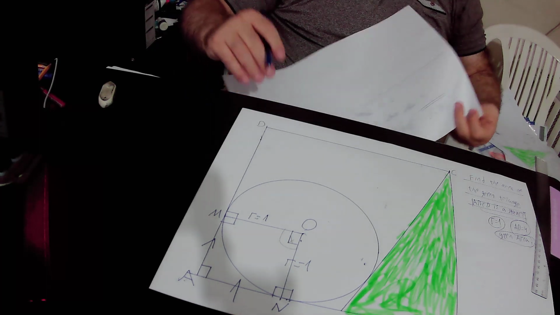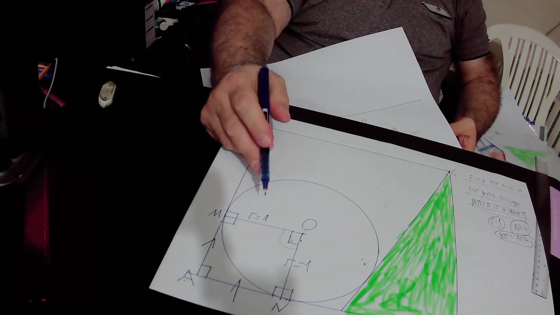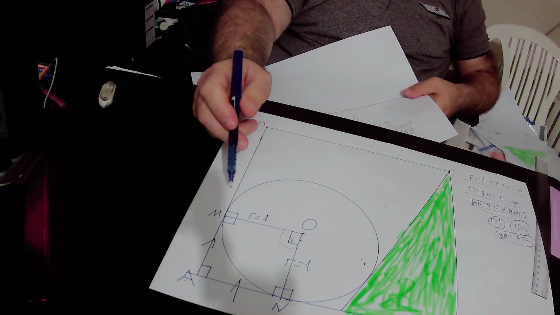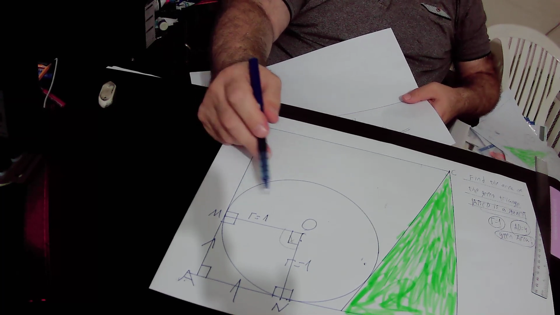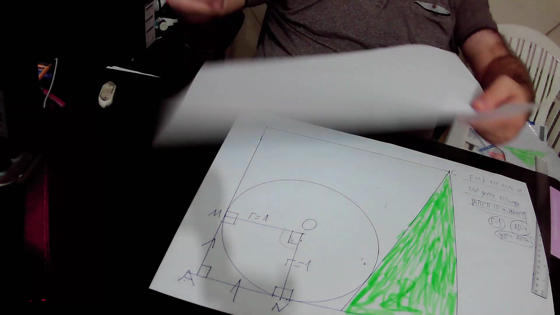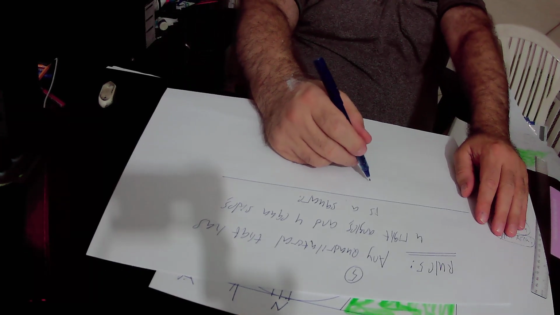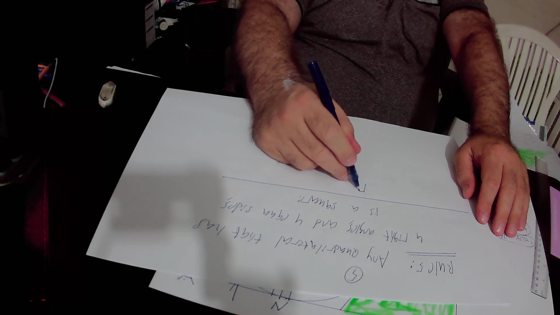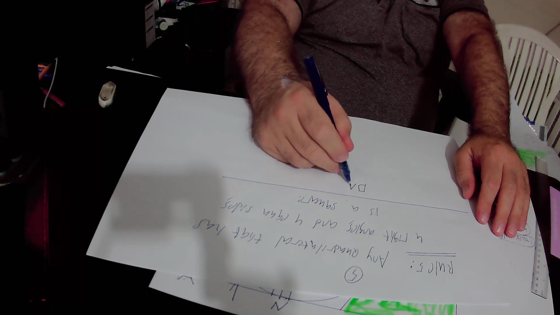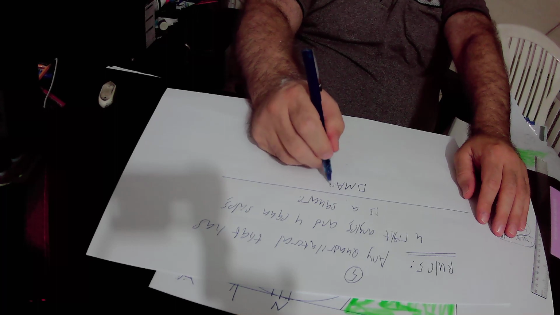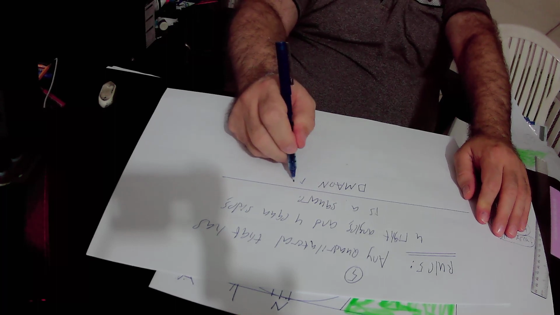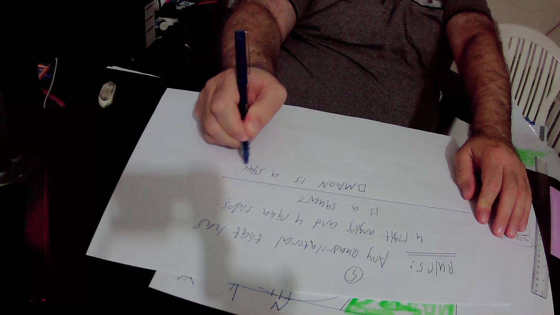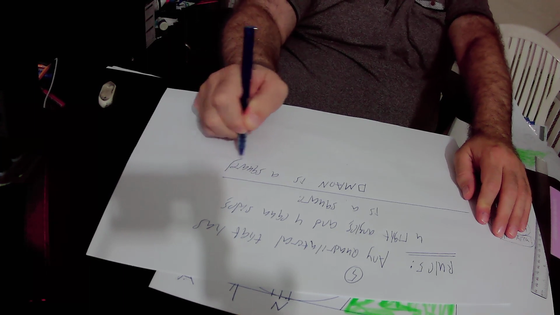And quadrilateral MOAN has 4 right angles and 4 equal sides, therefore quadrilateral MOAN is a rectangle. So we can conclude from rule number 5 that quadrilateral MAON is a square. Okay.